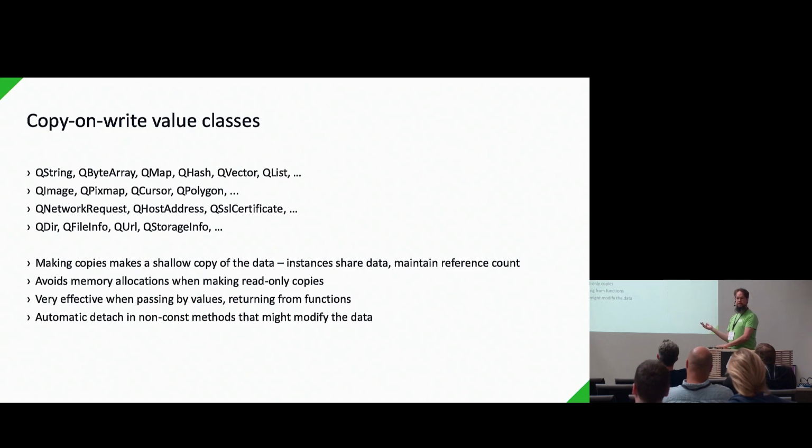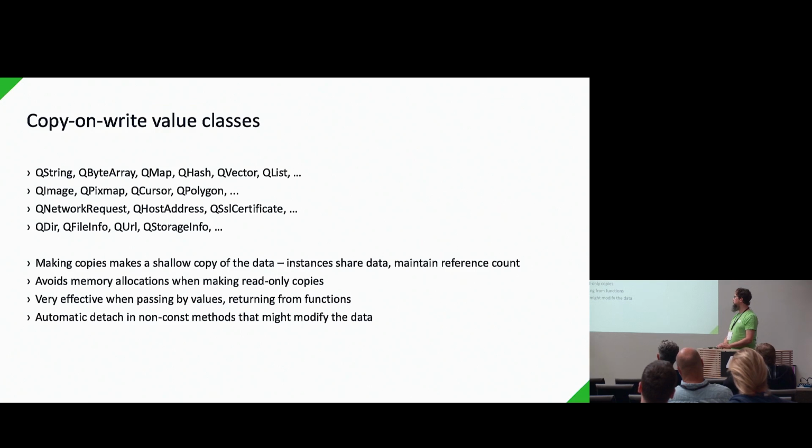The idea here is we want to be able to pass or make copies of these objects very efficiently without having to actually make a deep copy of the data, because that's a very expensive operation comparatively. It requires allocating memory. And for some of these bigger value types, we don't want that. We want to be able to pass them very quickly around, especially returning them by value, which is what you typically do. Then you don't want to make a copy of your stuff.